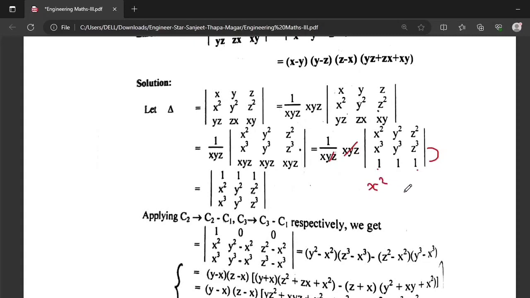x square, y square, z square, 1, 1, 1, x cube, y cube, z cube.